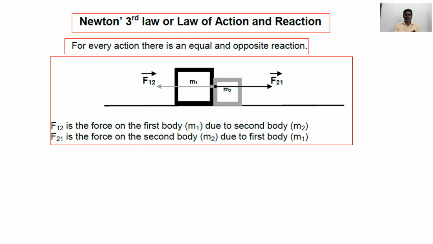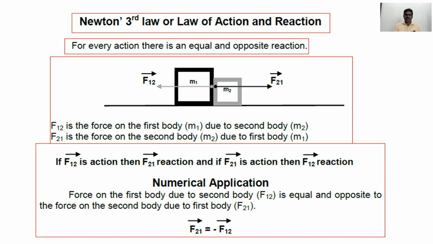So two masses m1 and m2 having different masses, here m1 is greater than m2, and F12 is the force on the first body m1 due to the second body m2, and F21 is the force on the second body m2 due to the first body m1.